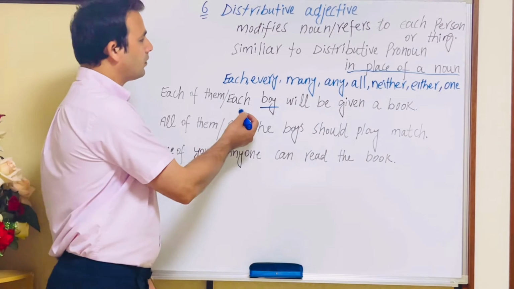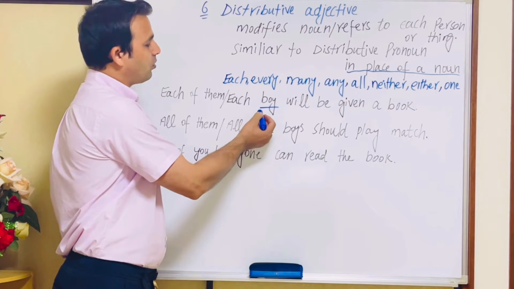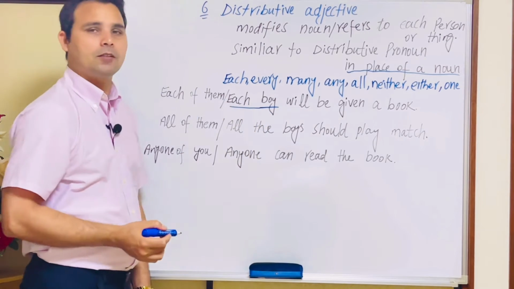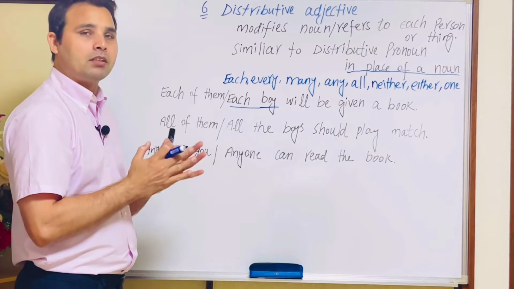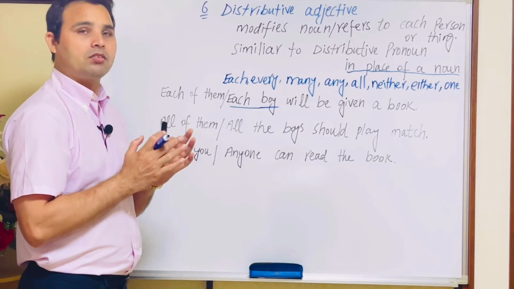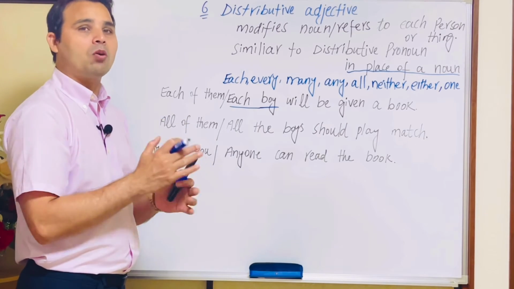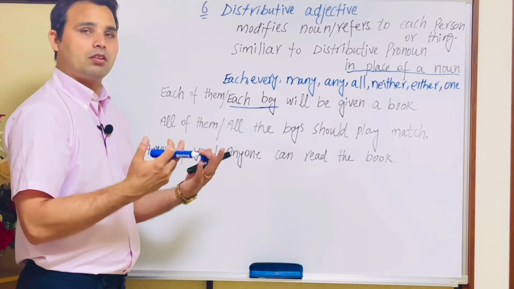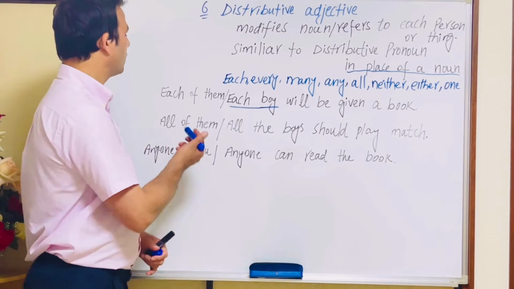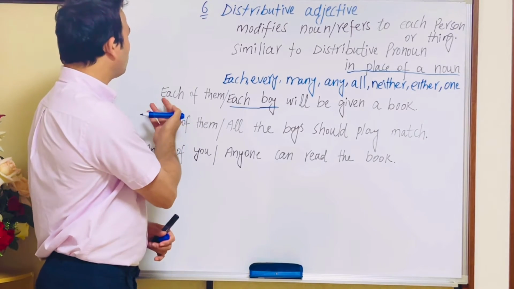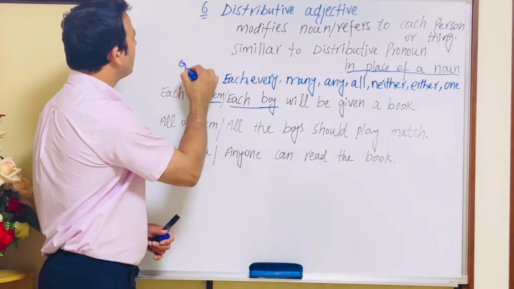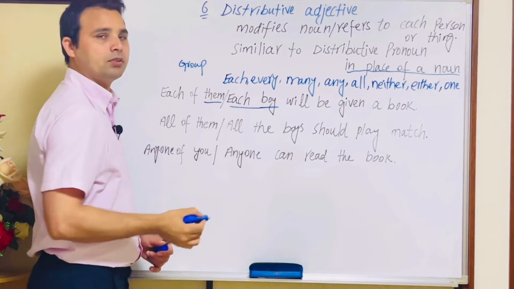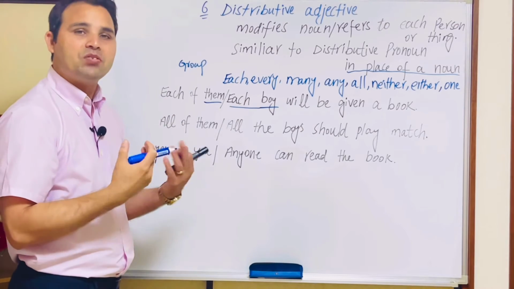Now, a distributive adjective is talking about each person, but a distributive pronoun will talk about one thing or one person out of a group. So the example will be each of them. Now, them is a group, and each is an individual person.